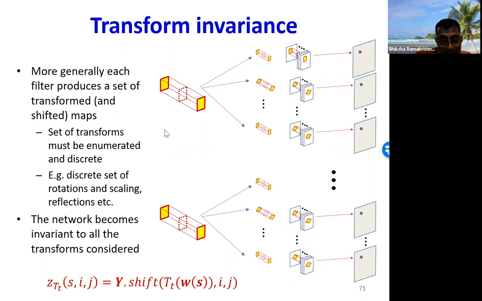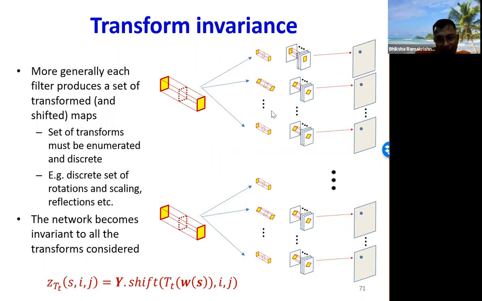What we'd have to do is to list all the transforms we want invariance to. So this is fine-grained. If you want rotation invariance, each angle of rotation is potentially a different transform. For scale invariance, every scaling factor is a different transform. So for each of these filters, you're going to make one copy of the filter for each transform in your list.